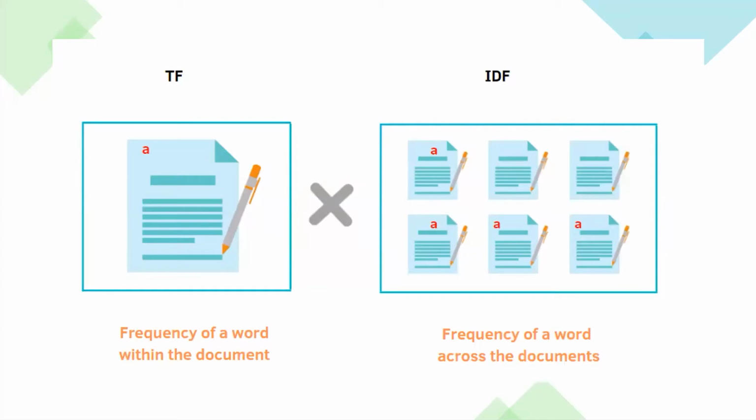What it does is calculate the frequency of a word within the document. Let's say you have a document with 100 words, but the word laptop is mentioned twice. So you have a frequency of 2. Then you have the inverse document frequency, which is basically you count the frequency of a word across the documents. So you can see how relevant the word is in one document compared to its relevancy across all the documents.